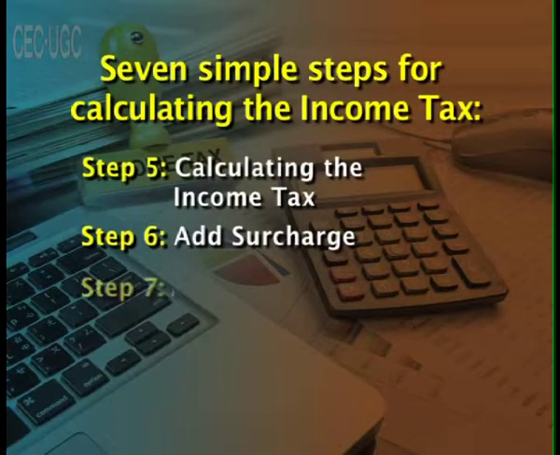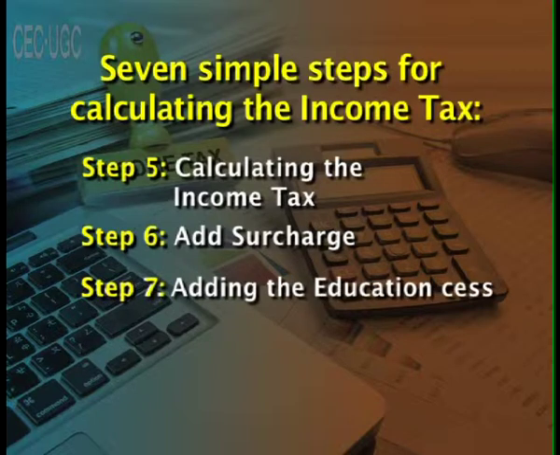This step is not applicable in case the annual income falls below 10 lakhs. The next step is adding the education cess. Make an addition of 3% as education cess to the new income tax figure that you calculated in step 6 above. The figure reached is your final income tax.